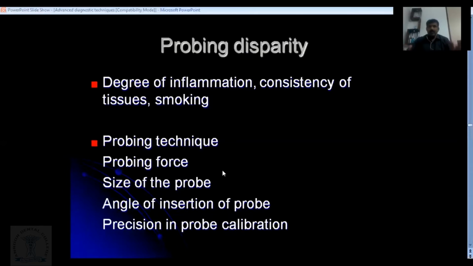Every probe has to be made in a particular size. So you get a probe from a very good company, like a Hu-Friedy probe, which costs probably 1,500, 2,000. There, the calibration of the probe will be correct.